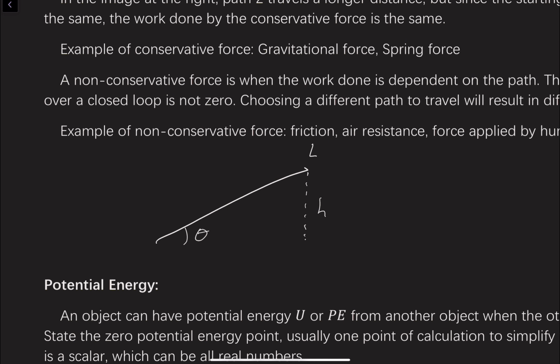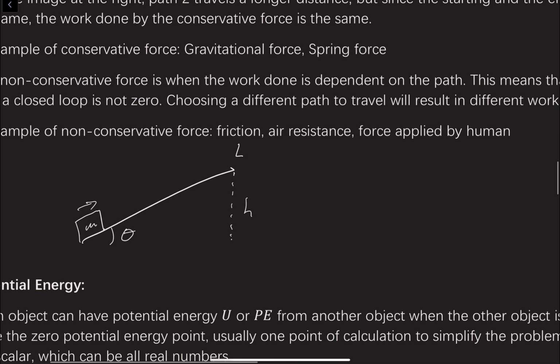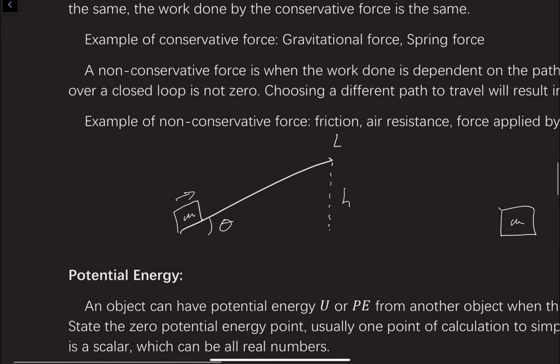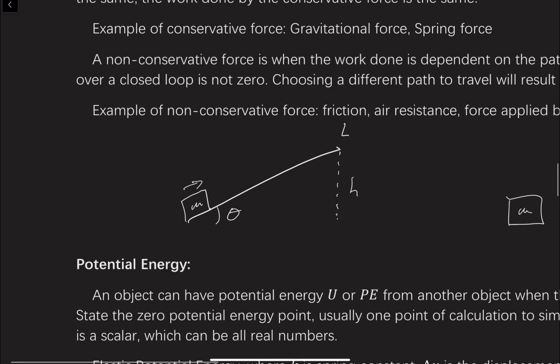You want to push this object up at constant velocity, and you're comparing the work for going up the same height h. Let's say sine theta is equal to h over L.